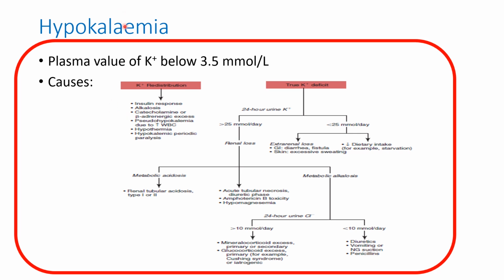In addition, pseudohypokalemia due to increased WBC, that's white blood cell, can occur because of increased demand for potassium by WBC for their cellular activities. Most of the intracellular activity which requires energy is also potassium dependent.